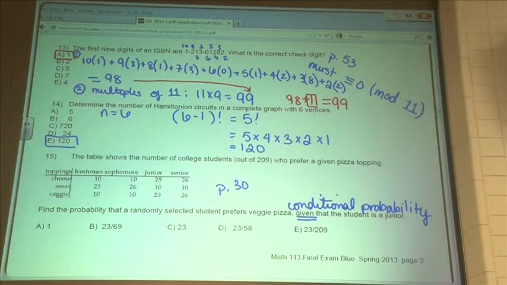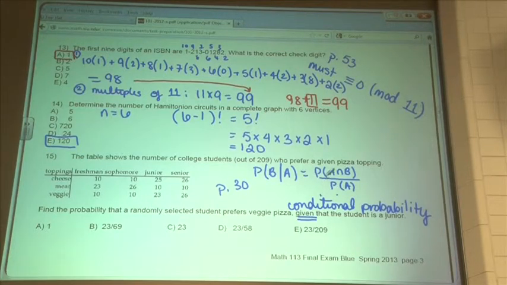And that formula: the probability of event B given event A happens first is the probability of A and B happening, remember you flip them, divided by the probability that A happens.